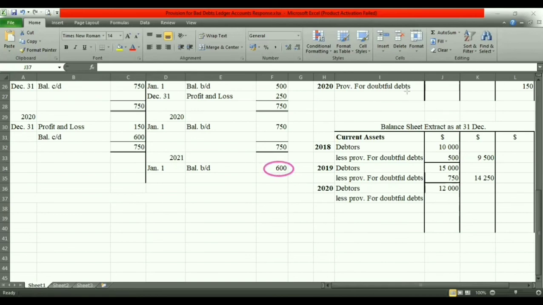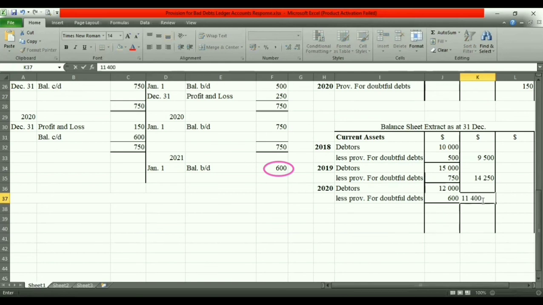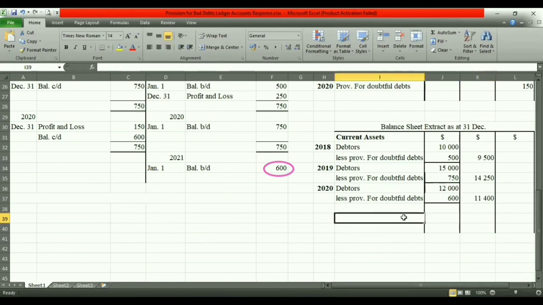So what we are subtracting is $600 from the 12,000, and that gives us a value of $11,400. That is what is reflected in our balance sheet for our debtors, because we don't want to overstate our debtors value. The business made a provision for the doubtful debts.